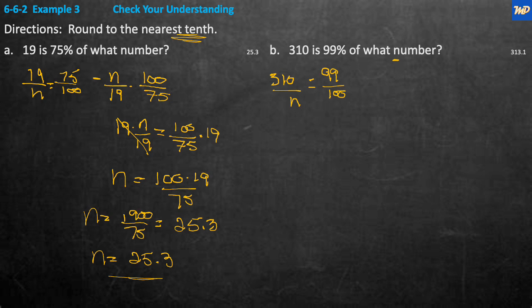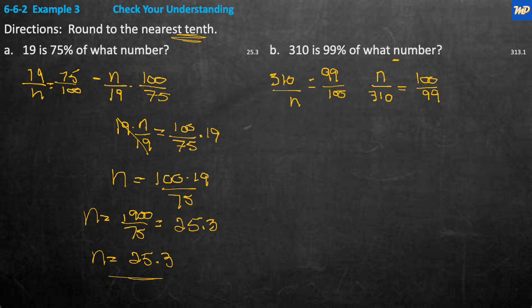So this is the same as problem A. And we could do it the long way. We could multiply n on both sides and then multiply 100 on both sides and then divide. Or we can do what I said earlier, there's nothing to prevent you from putting the n on top, flipping both equations. n over 310 equals 100 over 99. You can write them either way.